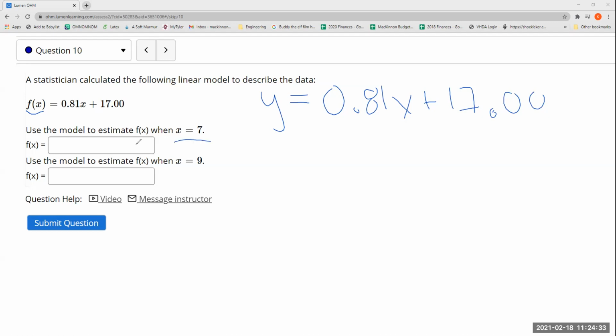So we've got x is equal to 7. All that means is I plug 7 in for x. All right, and so what I'm really asking you to do in this first part is just kind of do this computation.